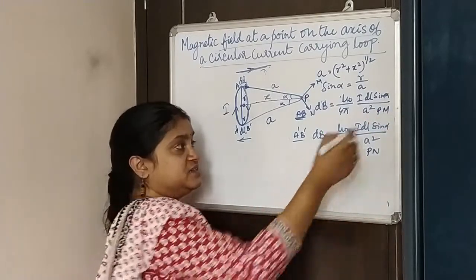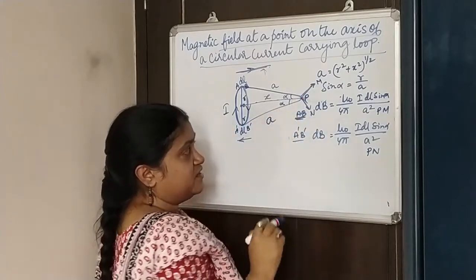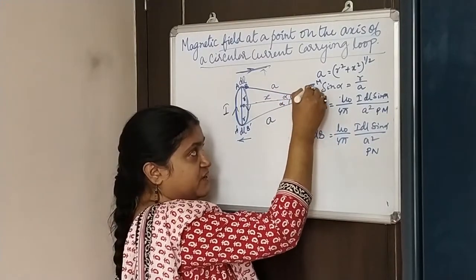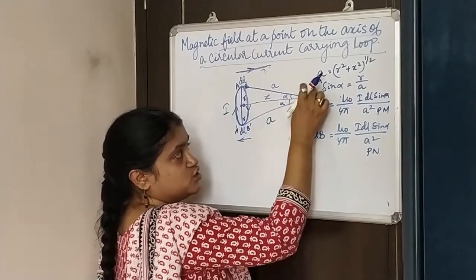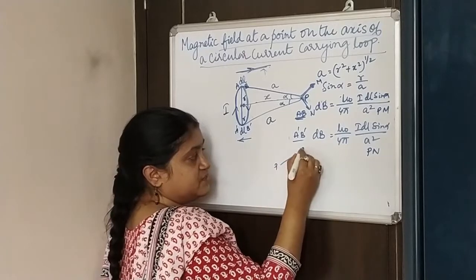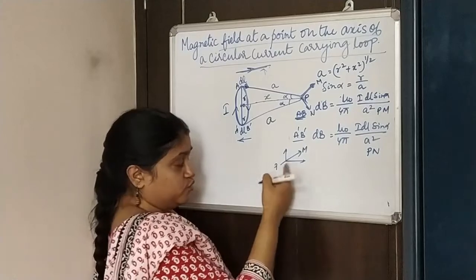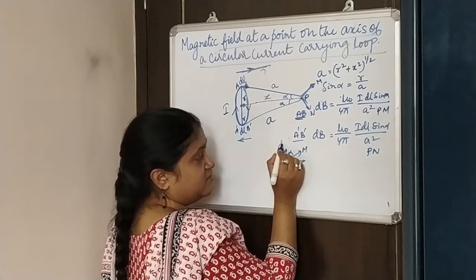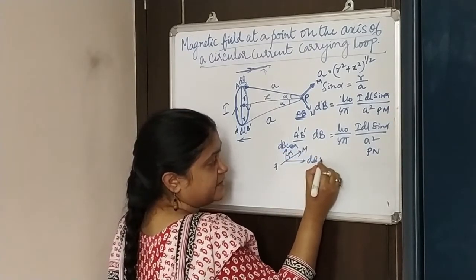Now we take these two magnetic fields and try to take their vector quantities. If we divide this magnetic field which is towards Pm, suppose I am drawing it here, this is the magnetic field dB. I can divide it into two portions. Suppose this is angle alpha, then this will be dB cos alpha, and this will be dB sin alpha.